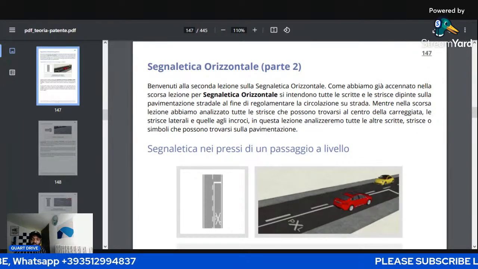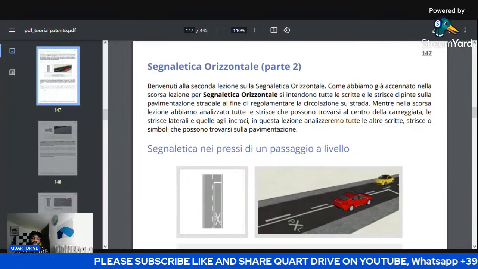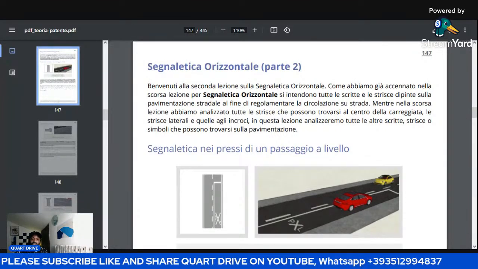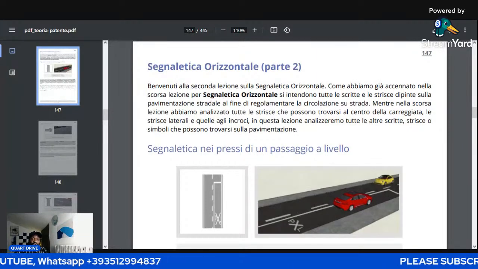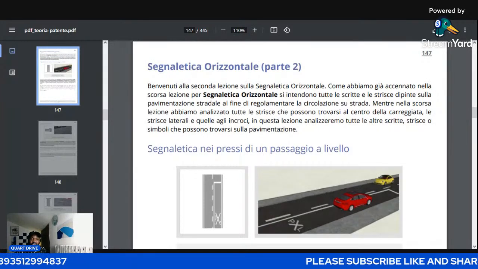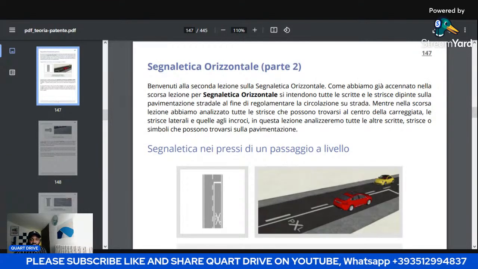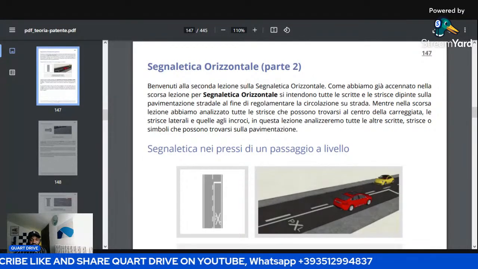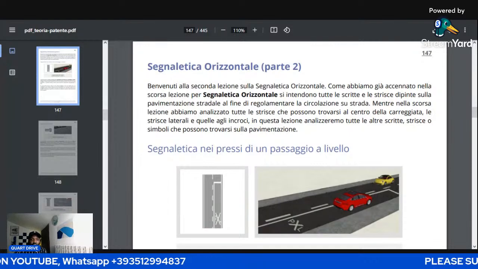When you talk of Segnale di Preselezione, it is the lanes that you pre-select before getting to the point or the junction where you are going to curve, or move from the direction you are using to the other direction. So segnale di preselezione is simply selecting the lane initially before getting to the main junction.